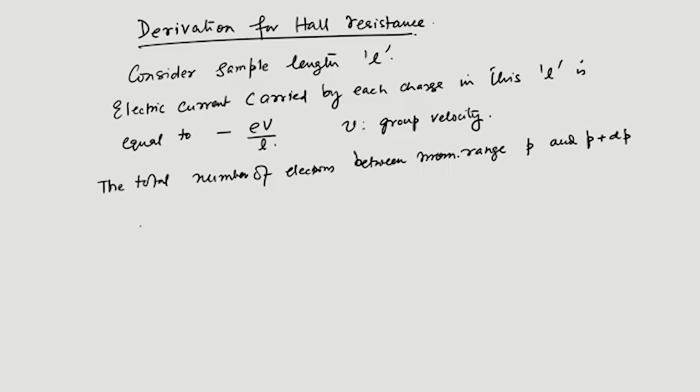It can be found by multiplying the two things, one of them is the current carried per unit charge, which is minus eV over L, and then you multiply it by L by h into dp. Okay. So you multiply the current carried per unit charge by this quantity, h being Planck's constant.